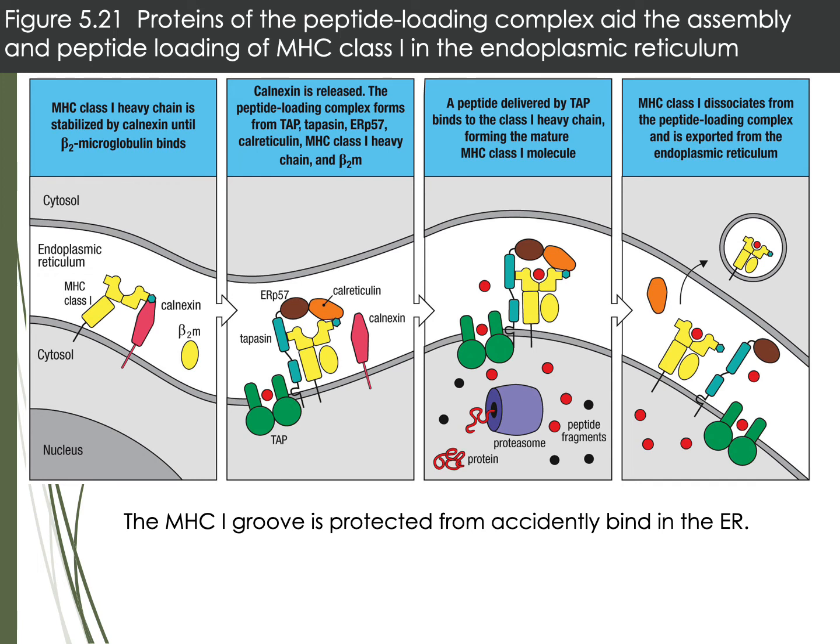We would then have any editing, removal of amino acids, that needs to be done. Once that's been completed, calreticulin and ERP57 release the MHC class 1, and that signals for the MHC class 1 to go into a vesicle so it can be exported out of the ER and then to the cell surface where it can be presented.